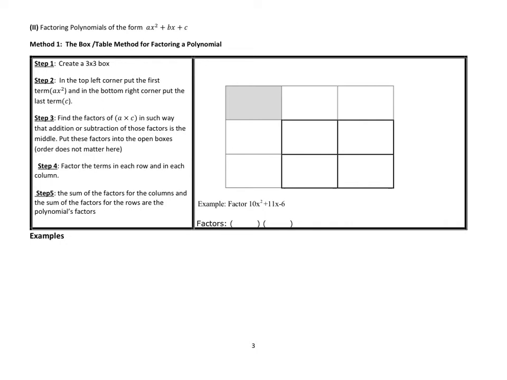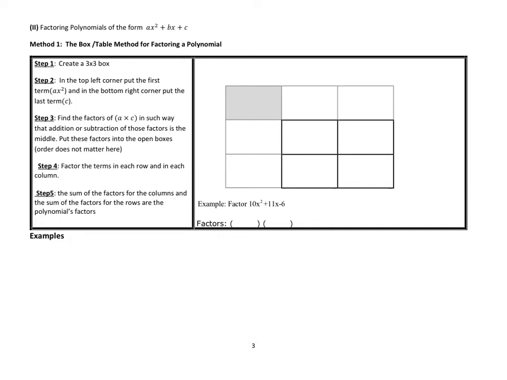So the first thing is to create a 3 by 3 box like the one we see here. On the top left corner, we put the first term, and we are going to use this example here. So here I'm going to put 10x squared, and then on the bottom right corner you put c, which is minus 6.